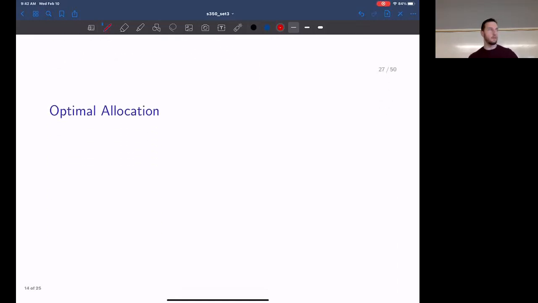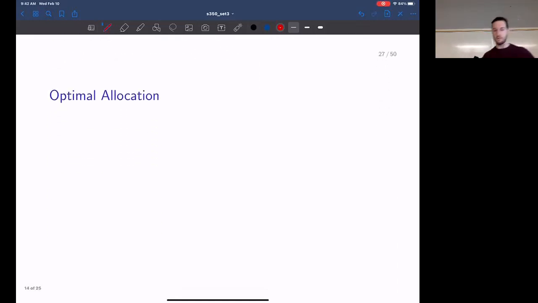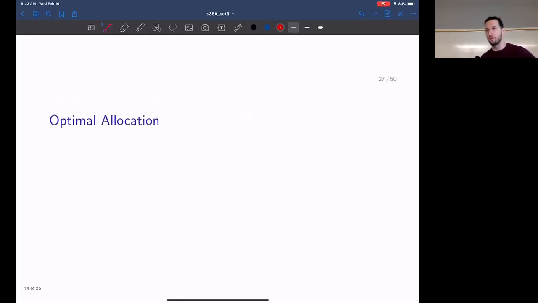Okay, so to do this, we can use an approach based off of the Lagrange multiplier. What we're trying to do here is find the optimal sample size and allocation of the samples based off of equivalent cost for each of the strata that we are working with.